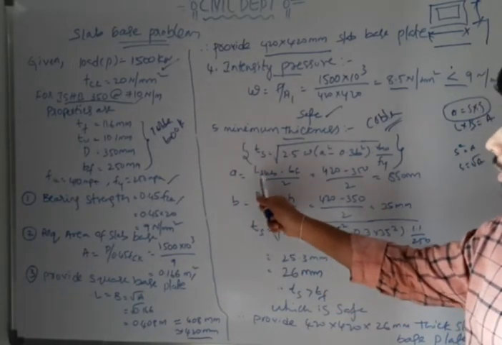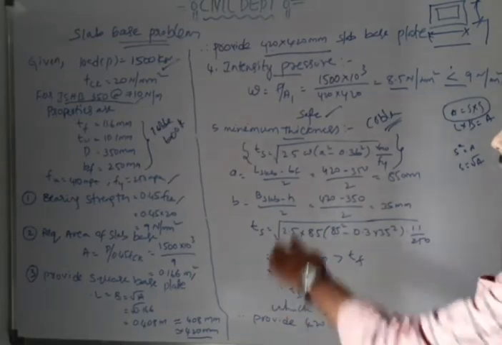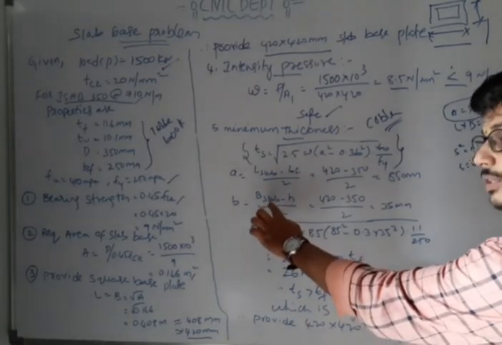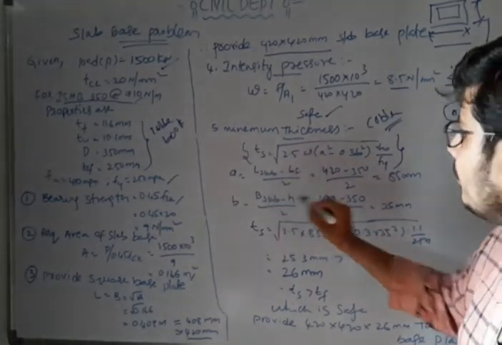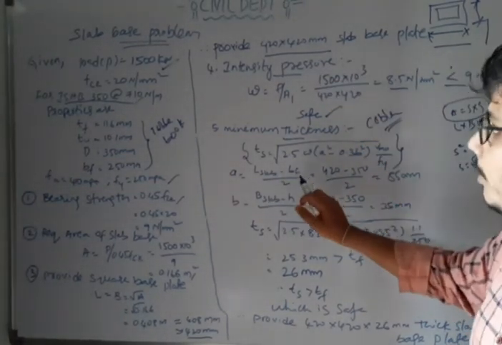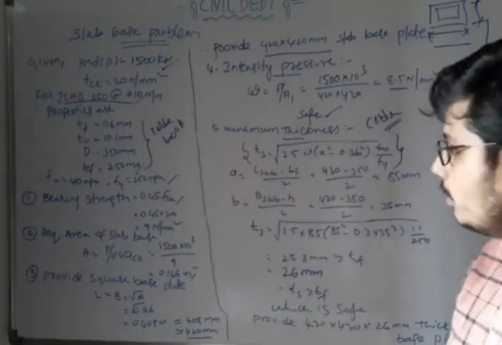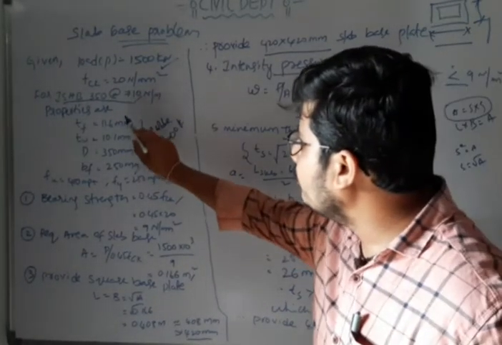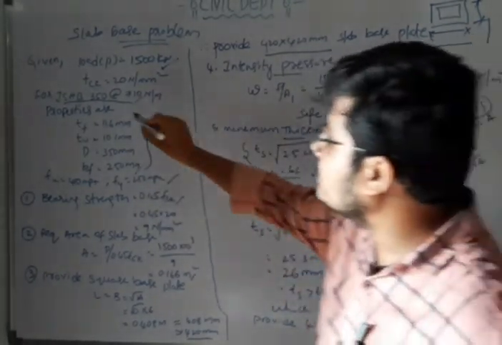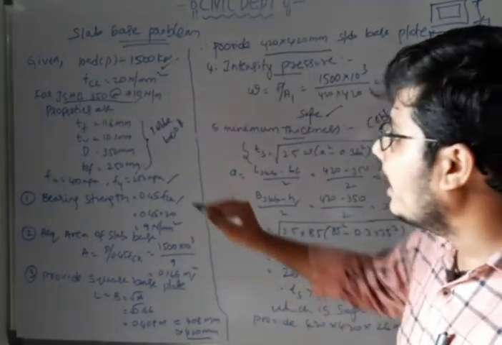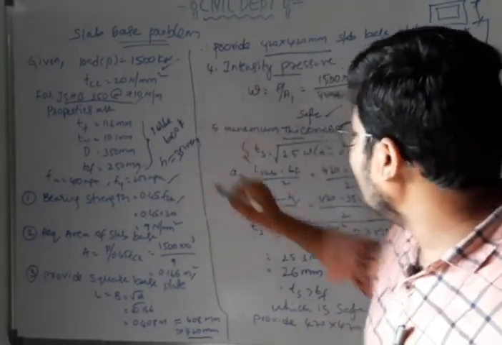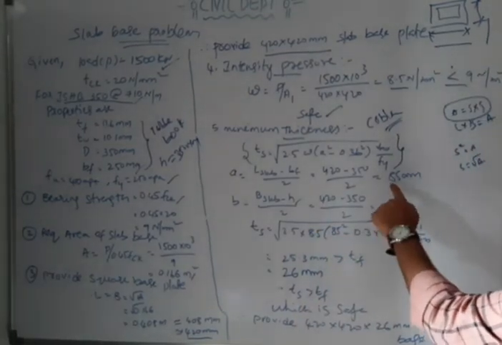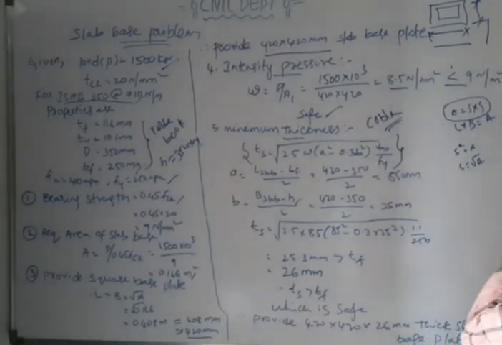That is the slab length minus bf, width of flange, by 2, and the width of slab minus height of section by 2. We know the length and width of slab, 420 by 420, and bf from here. Height is 350. Why? Because ISHB 350 means height h is equal to 350 mm. So we get a as 85 and b as 35 mm.